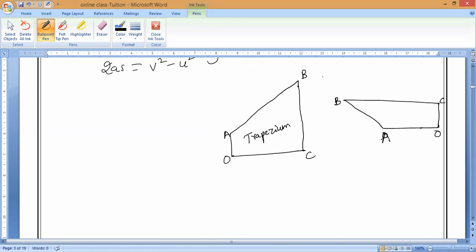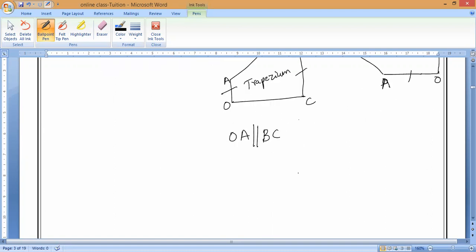Which two sides are parallel? OA and BC are parallel to each other. This is parallel to this, so I can say OA is parallel to BC. Is everything understood? Please respond.